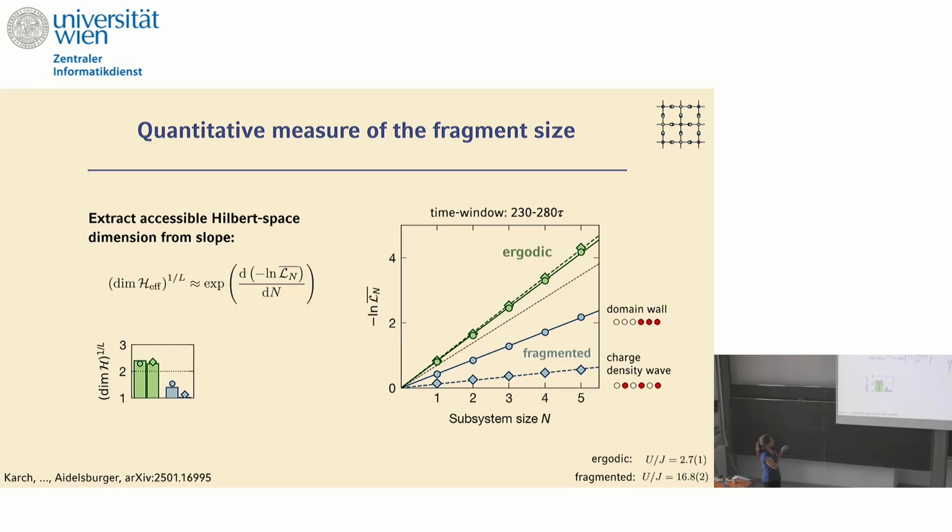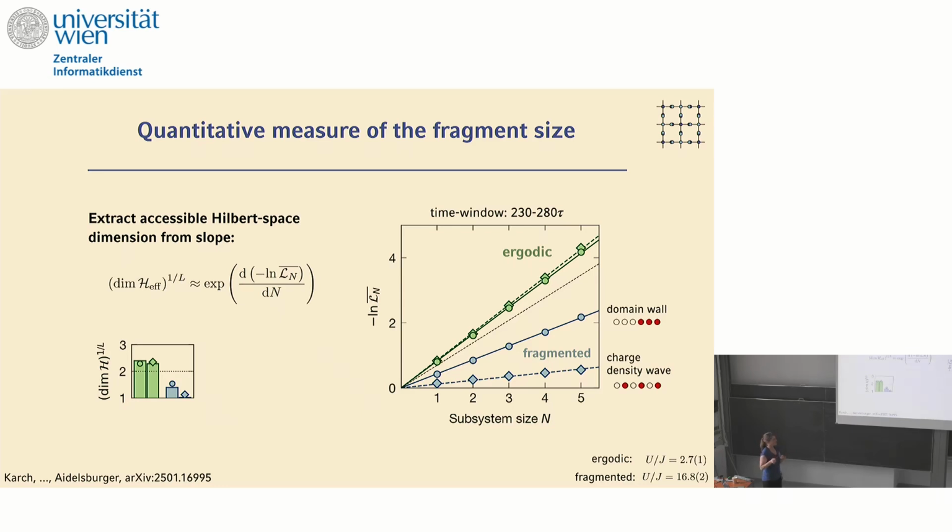So now this is a bar plot of the values that we extract. You can see that in the ergodic regime, we are a bit above. And you can now do simple combinatorics in order to understand what the local dimension of the Hilbert space is. In the case of the ergodic system, it's very simple because it just depends on the occupation you can find on each site.